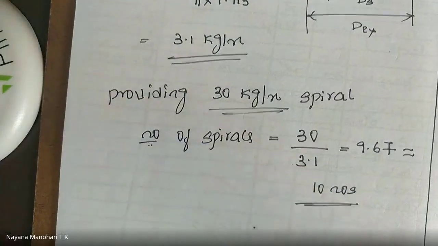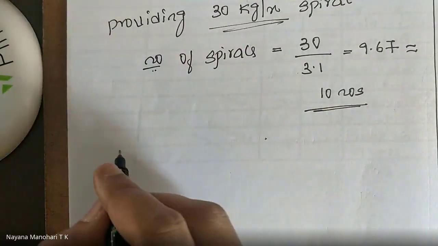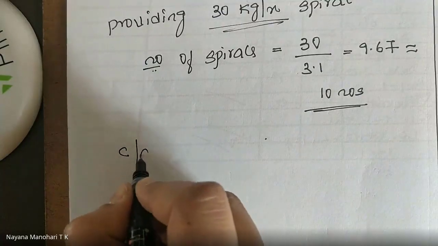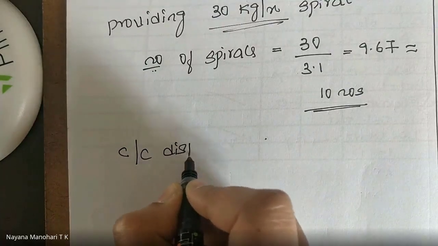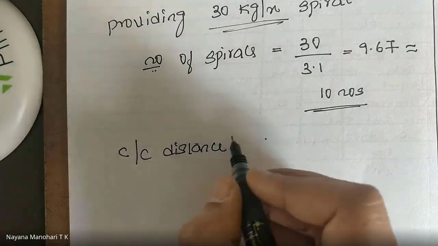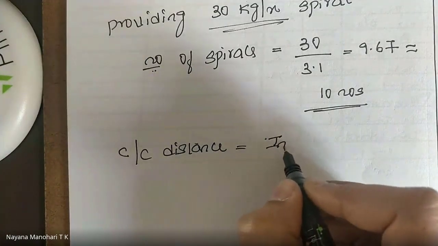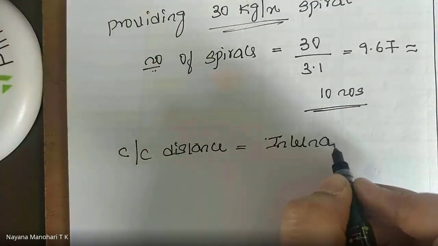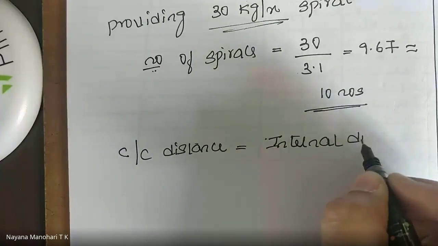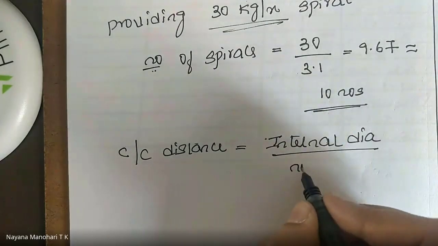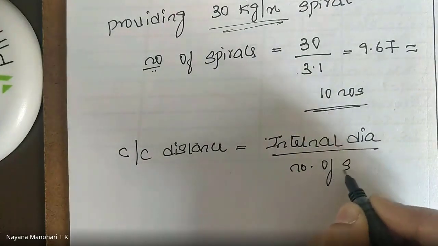Next, you need to calculate the center to center distance, the spacing. It is given by internal dia divided by number of spirals.